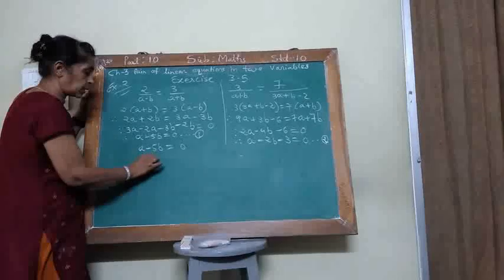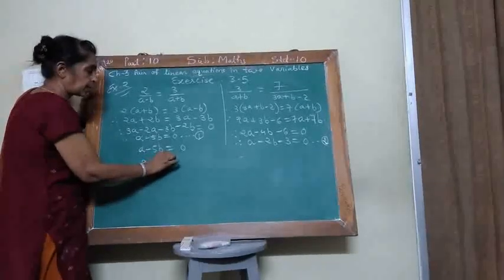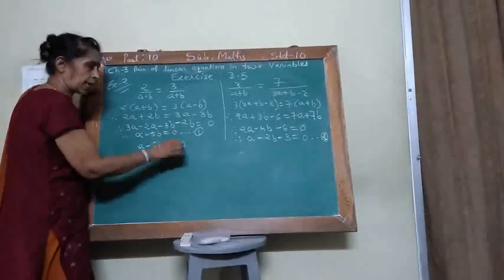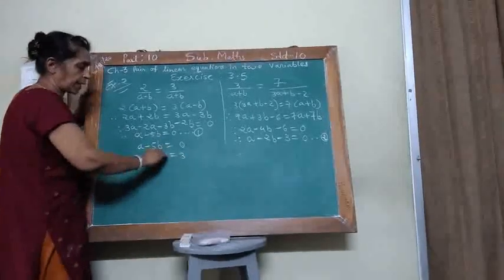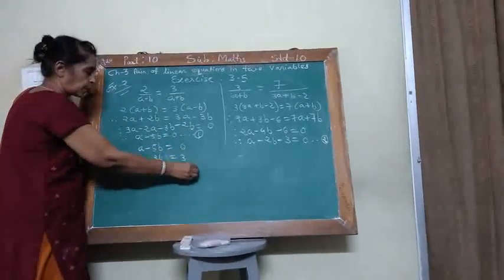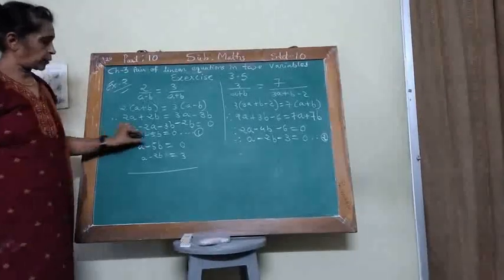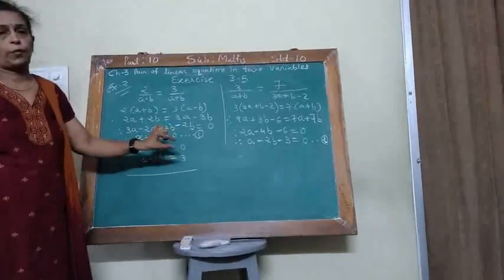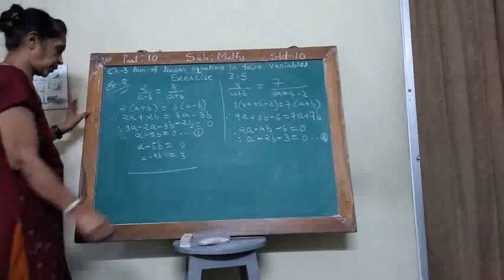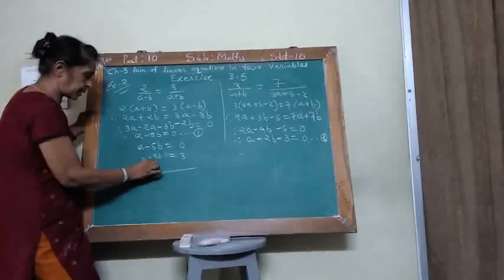So A minus 2B minus 3 I put here. In the elimination method, minus 3 goes on this side, so plus 3. Here you have to write, solving equations 1 and 2 by elimination. And now I change the sign.